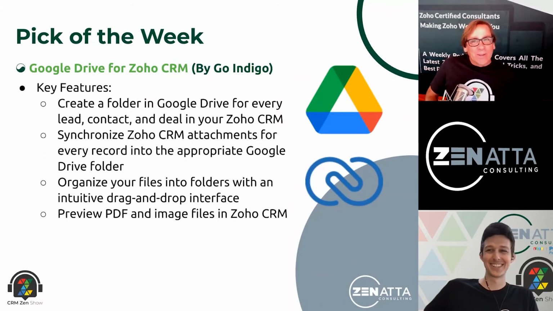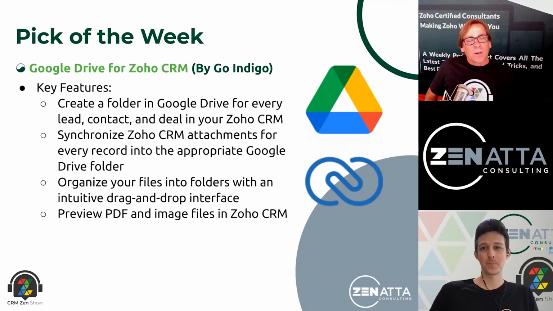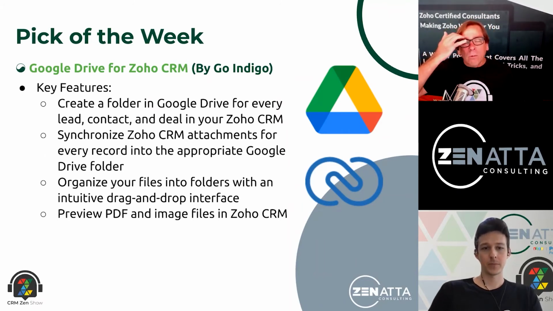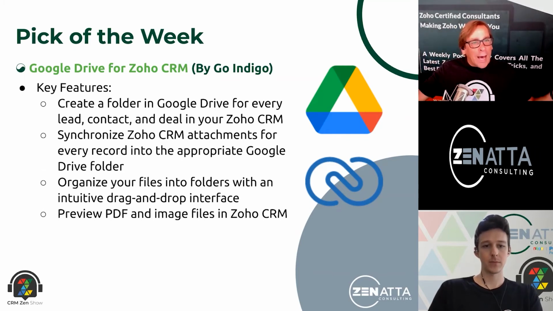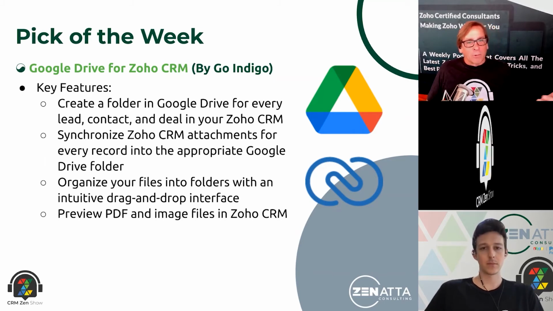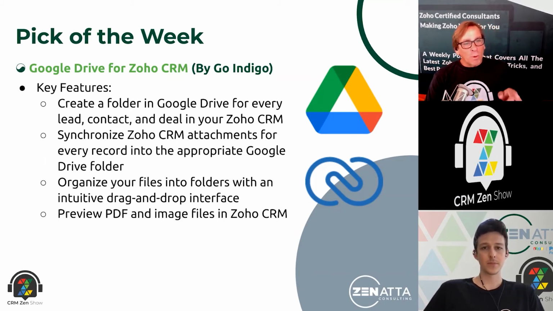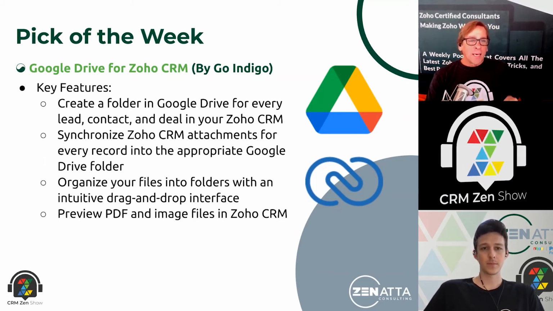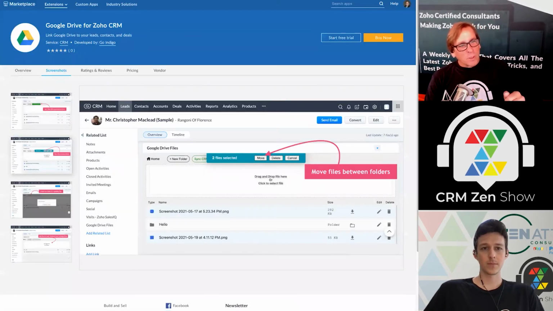All right. So this is Google Drive by a company called Go Indigo. Evidently fans of the Blue Man Group. Anyway, they don't really have a website. It's just kind of like, hey, we're developers. But the cool part of this app is that it's not the one Zoho built.